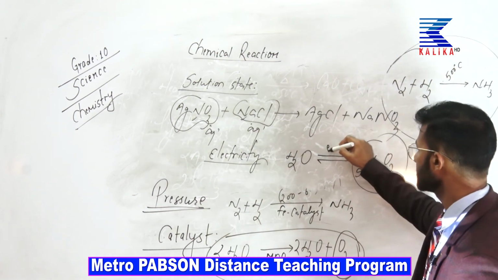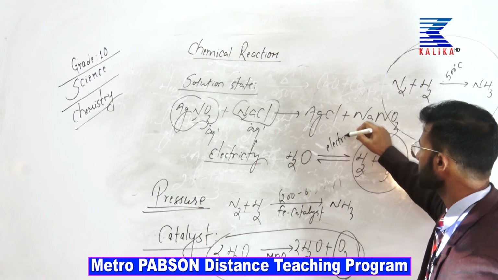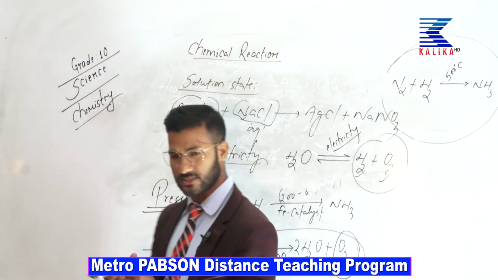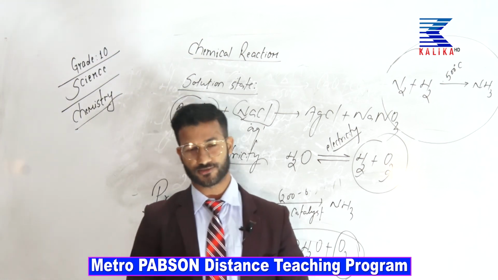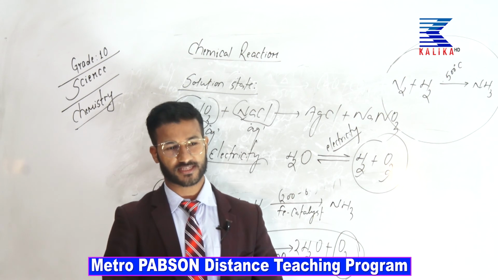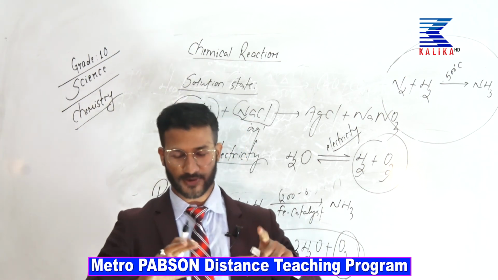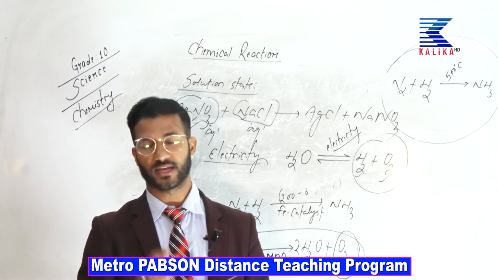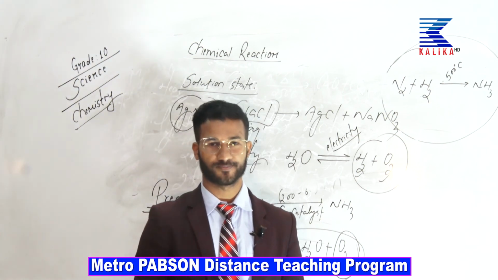In this case, the supply of electricity is a must. In most ionization reactions, a supply of electricity is needed, whereas in some other reactions the reactants undergo ionization only when their aqueous solution is prepared.